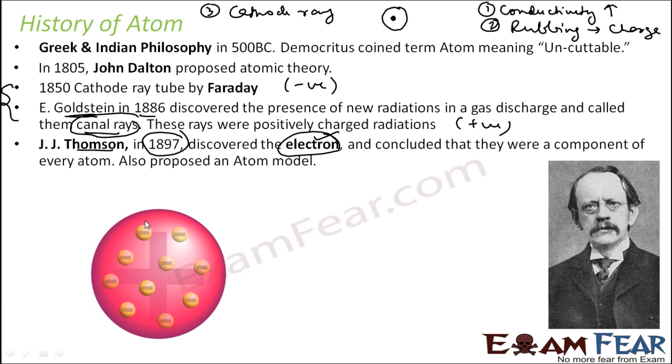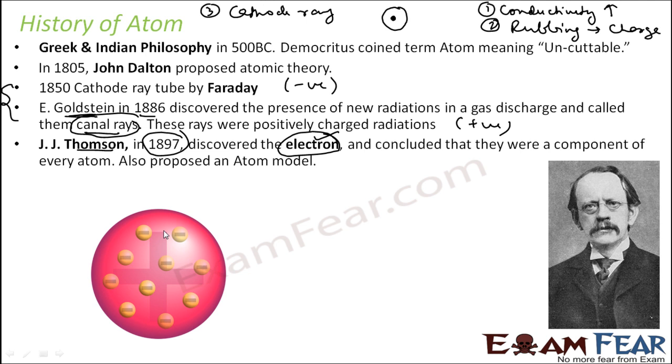He proposed a new model, a watermelon model, a plum cake model, where he told that the whole atom is positively charged and it has negative charges, you can say, like the icing on the cake, and overall the cake is neutral. Thus overall the atom is neutral. This was the model proposed by Thomson in 1897, and this is wrong. We'll see that.